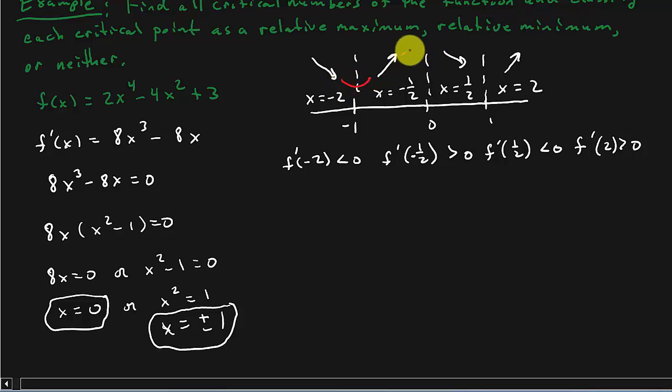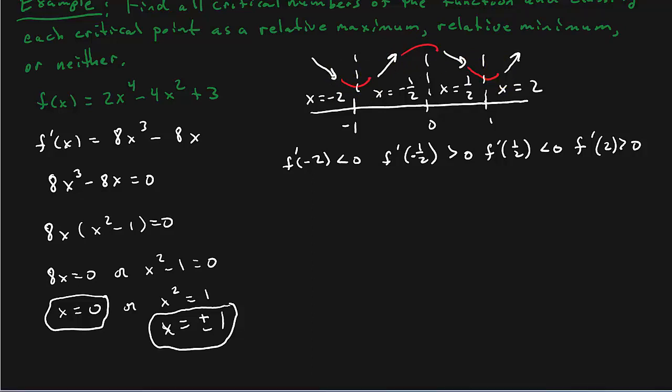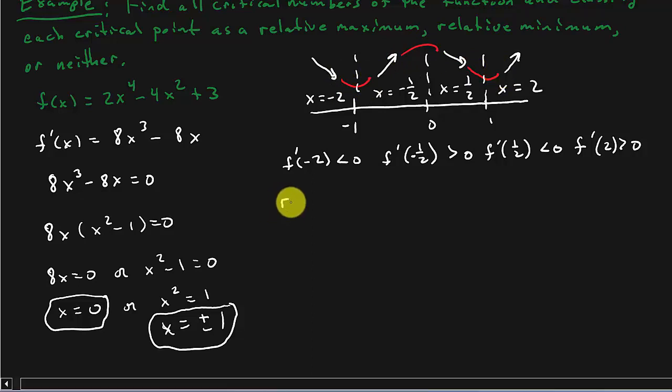There's your relative minimum, there's your relative maximum, and there's a relative minimum. Tough, isn't it? So I've got a relative minimum, I've got two of them. I've got one at -1, and I've got one at 1. Everybody see that?